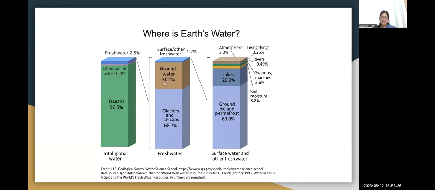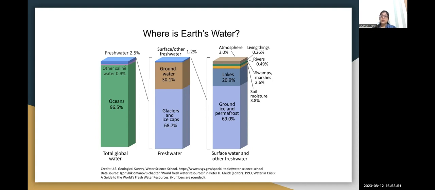Fresh water includes surface water, that is the water available in lakes, rivers, ponds and streams. Groundwater is the other form of fresh water. Glaciers and ice caps are the third form.